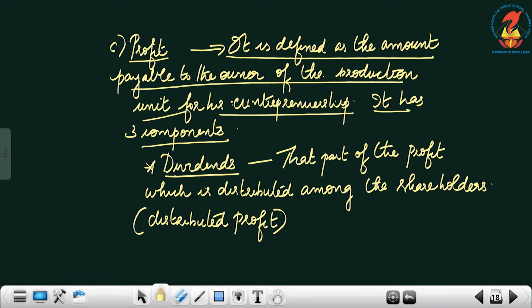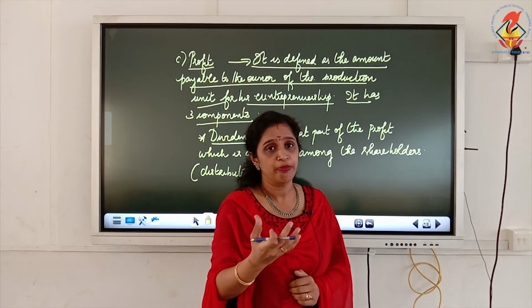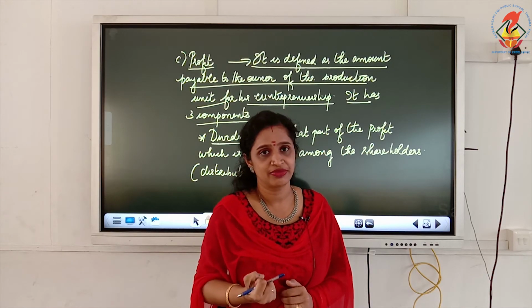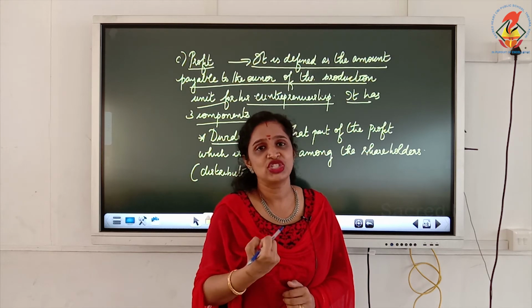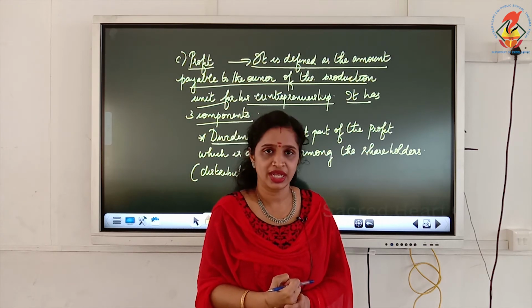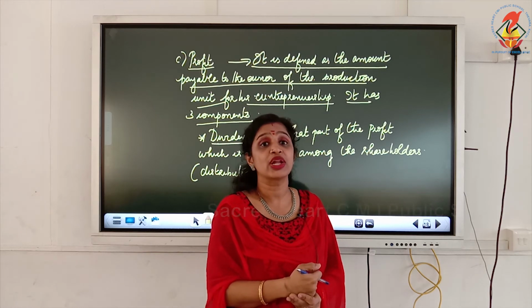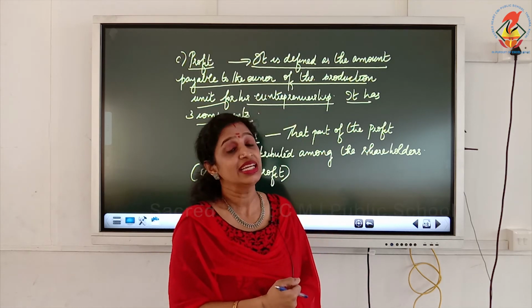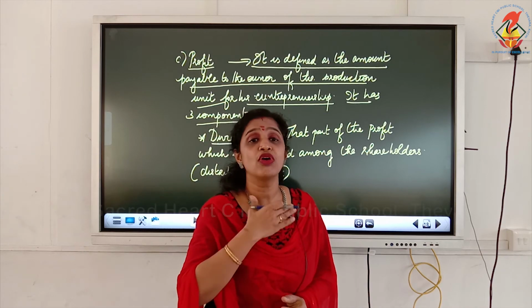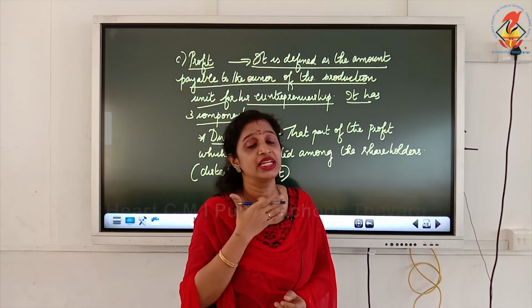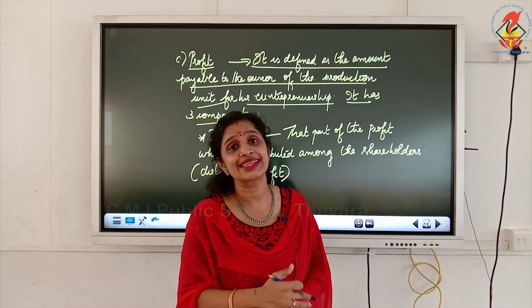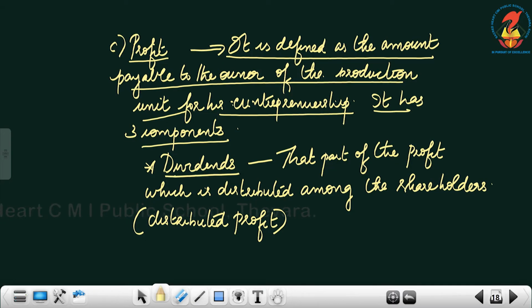Now, if I am running an organization, the profit amount which I am getting while running the organization, that is a component of operating surplus. So, profit is a reward. It is a factor income. It is a reward for my entrepreneurship. It is a reward for my organization skill. So, profit is an amount payable to the owner of the production unit for the entrepreneurship.